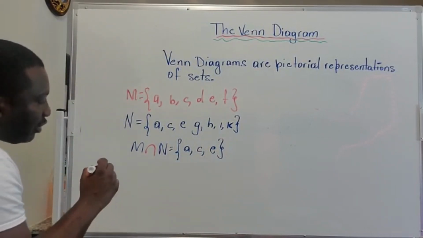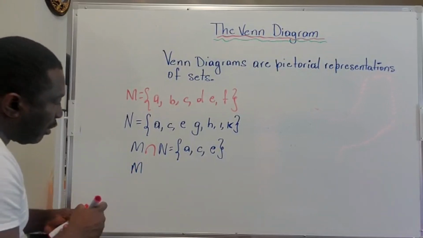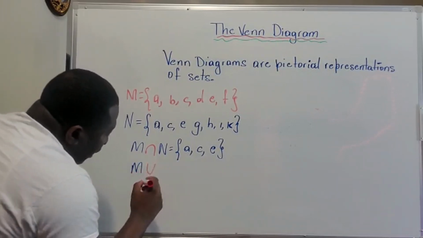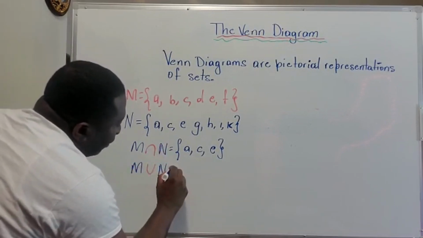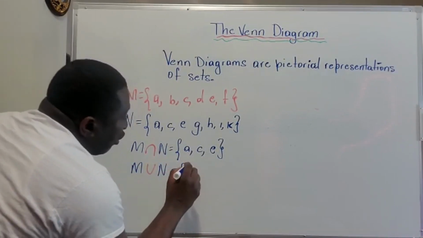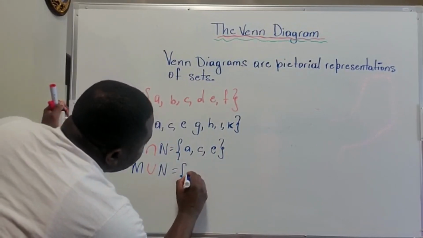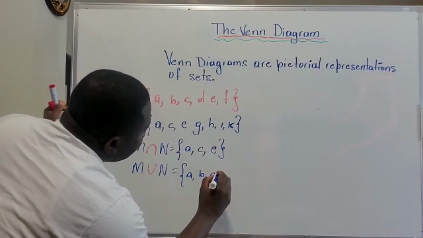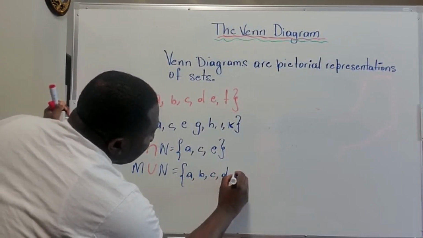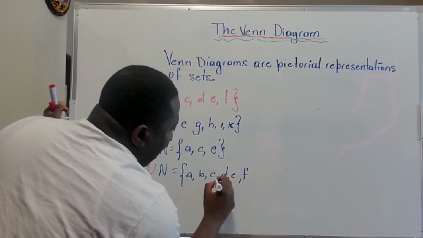What about the union? M union N. So again, we are listing all elements. We are combined. We don't repeat an element. That would be A, B, C, D, E, F being separated by commas.